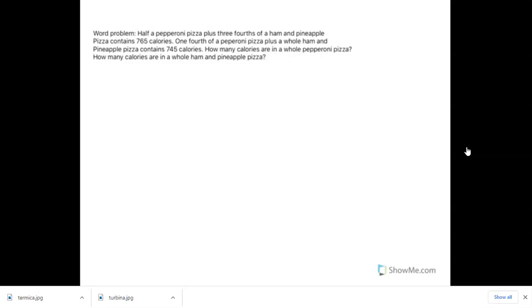But the challenging thing about word problems is that we don't know how to set it up. So what we have to do, we need to read as many times as we need to pull out the information from the problem, because the information is there.